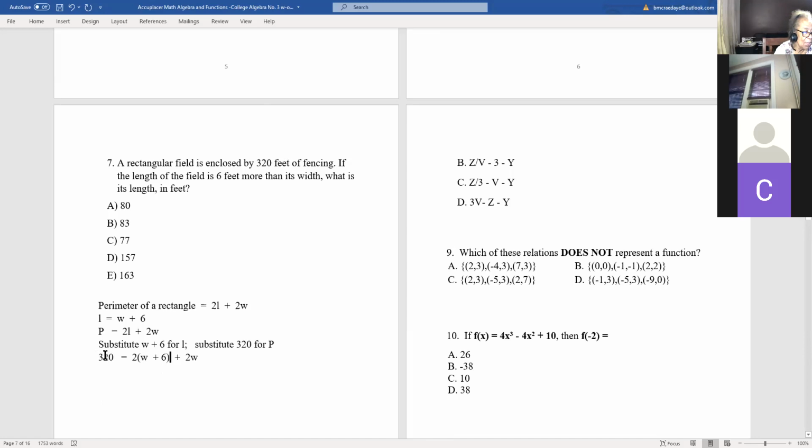That's right here, right? 320. Length is W plus 6. So 2L becomes 2 times W plus 6. W plus 6 is L. So I'm trying to get it to one unknown, right? Now, Chastity, do you know what you do from here? No. Okay.